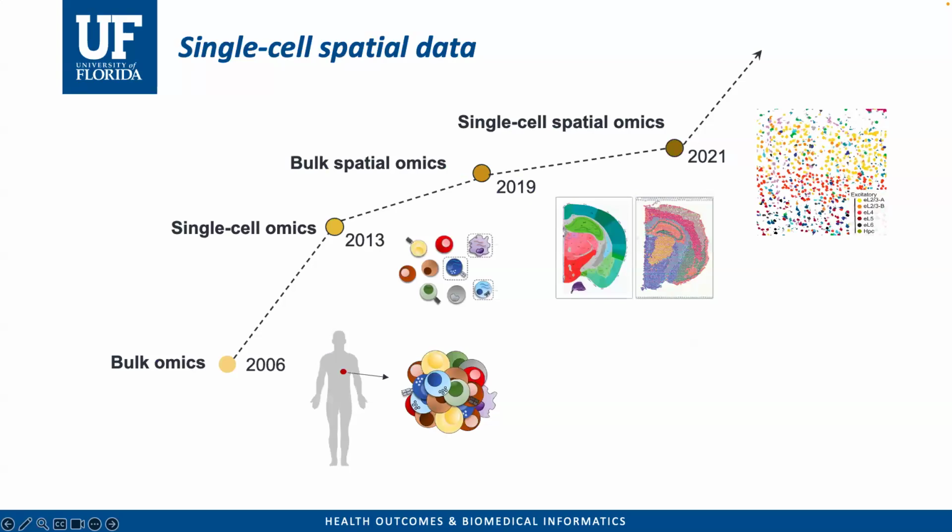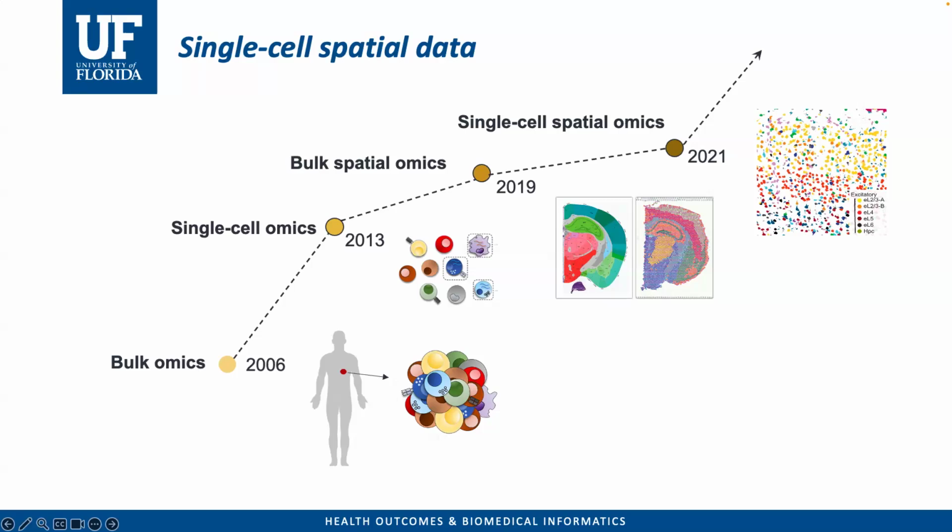Before I dive into a specific research study, I would like to introduce the data in this topic, because you have to understand the data first before you understand what I'm doing. You may have heard the word omics for a long time, because when you go to the hospital, maybe your doctor will ask you to do sequencing.